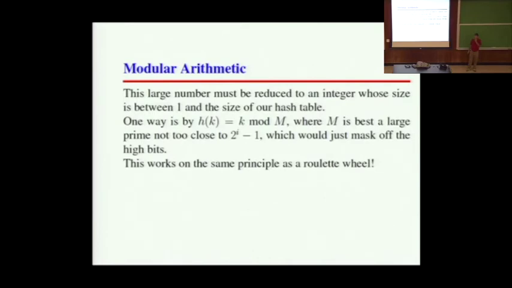Now, if we take the remainder, why is it that we should be getting numbers generated relatively uniformly? My analogy has to do with looking at a roulette wheel. How many people know what roulette is? This is a gambling game that you play in a casino.